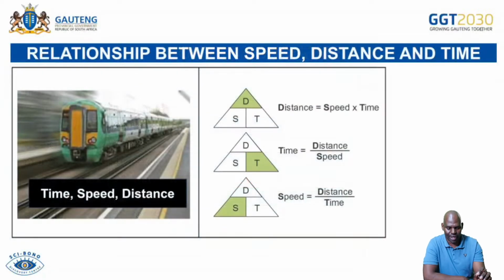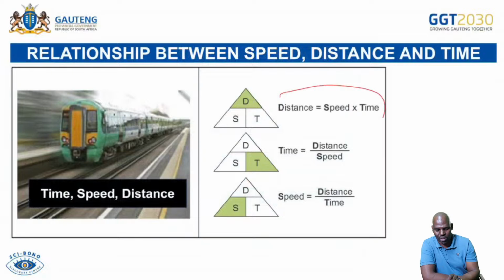Okay, then again, with regard to speed, distance, and time, remember the method of the triangle, or the DSTV method. You need to know that because the examiner might trick you. The examiner might give you a formula like this one: distance is equal to speed multiplied by time, but they actually want you to calculate time. So if the formula is distance equals speed multiplied by time, and they say calculate time, you'll have to change the formula.